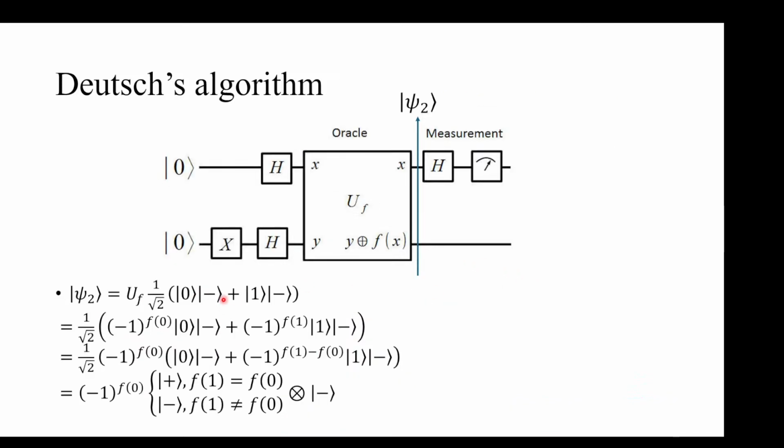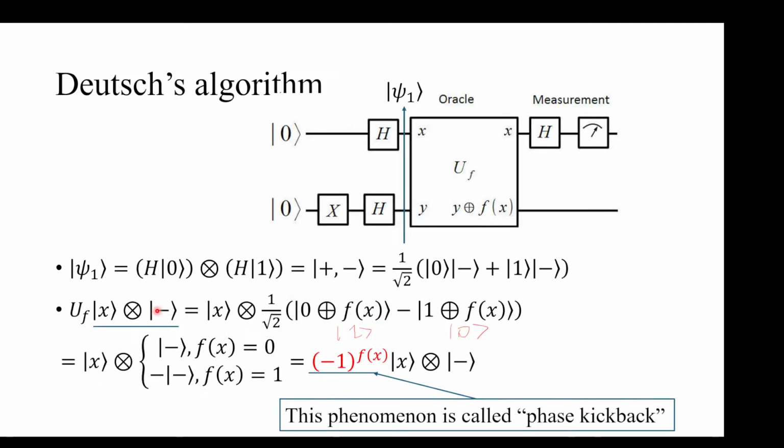Okay, and yeah, so psi 2 is you apply Uf on this 1 over square root 2 times 0 minus plus 1 minus, and by our phase kickback notation, this should be minus 1 to the f of 0 for the 0 minus term, and the 1 minus term gets the extra factor of minus 1 to the f of 1. Okay, let's check again. You get minus 1 to the f of x tensor minus.